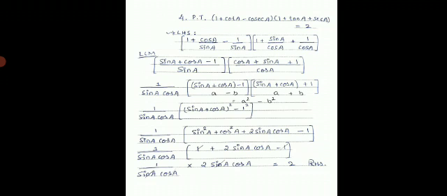Prove that 1 plus cot A minus cosec of A into 1 plus tan A plus sec of A must be equal to 2. This is exactly similar to the first sum we have done in the 3 marks questions.